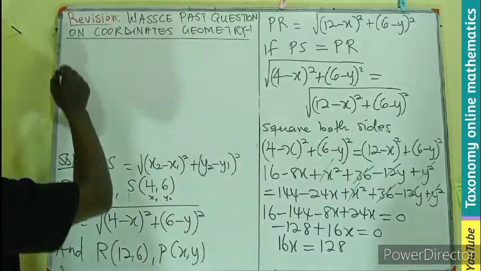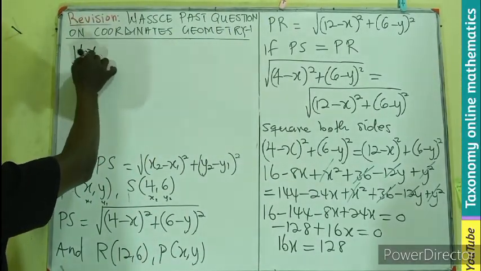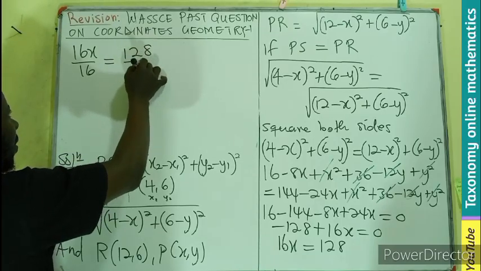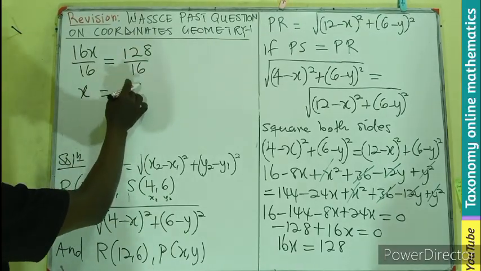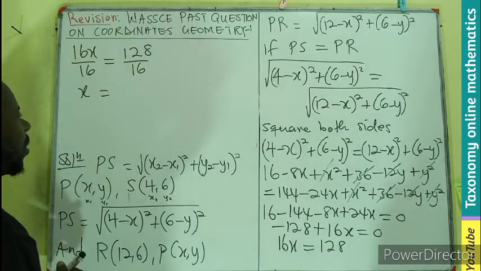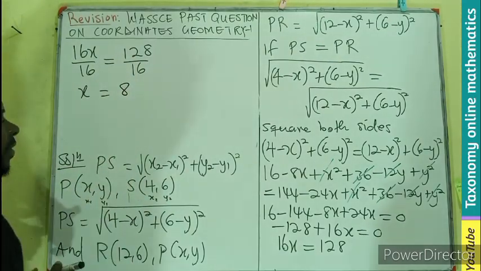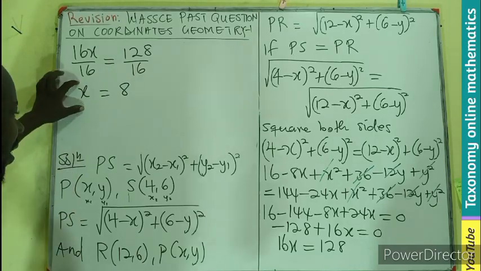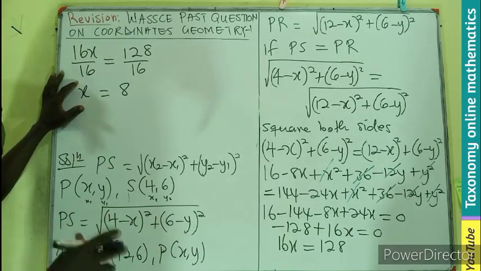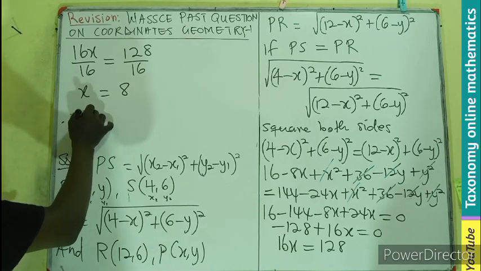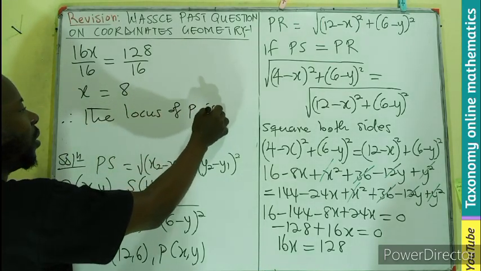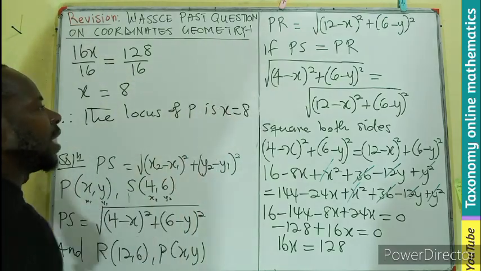So 16x divided by 16, and 128 divided by 16 gives us 8. So now the value of x is 8. Since we are looking for the locus of the point P, the locus of P is x equals 8.